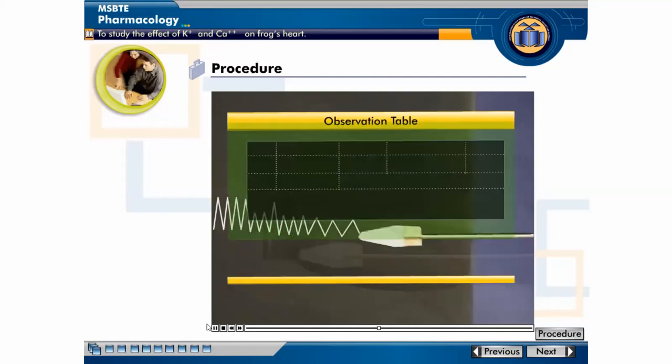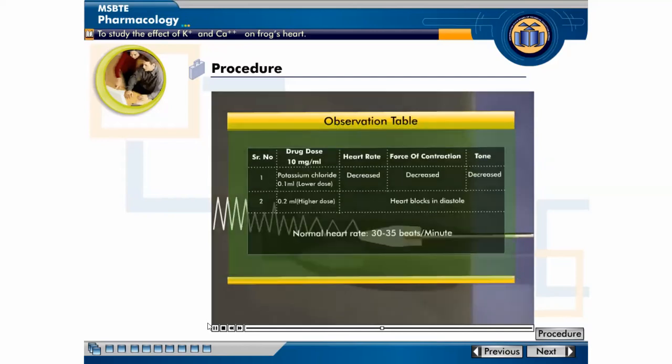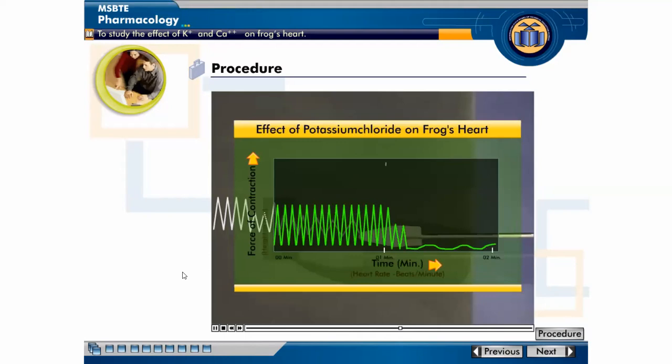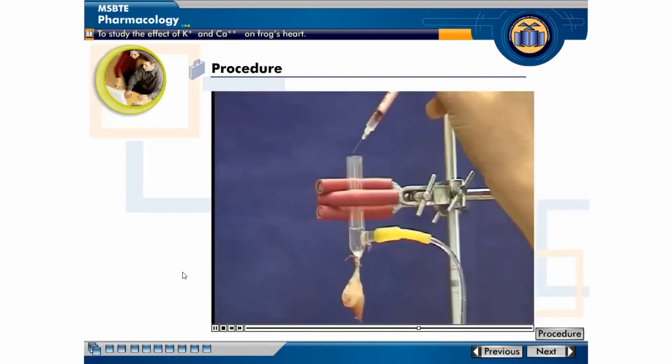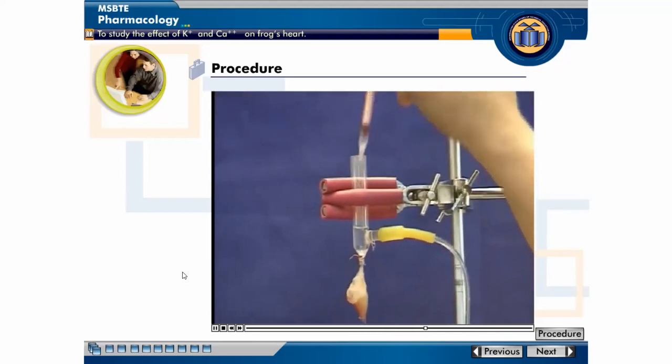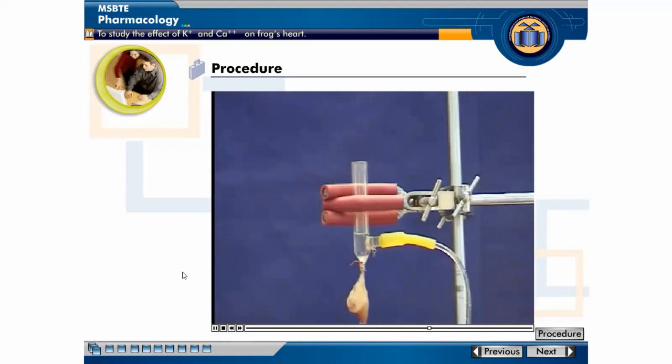Repeat the same procedure by injecting 0.2 ml of stock solution of potassium chloride. From these recordings, we can observe that with the increasing concentration of potassium chloride, heart relaxes slowly and finally heart stops in diastole.